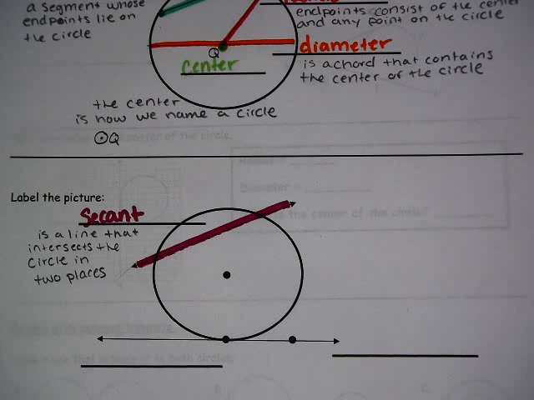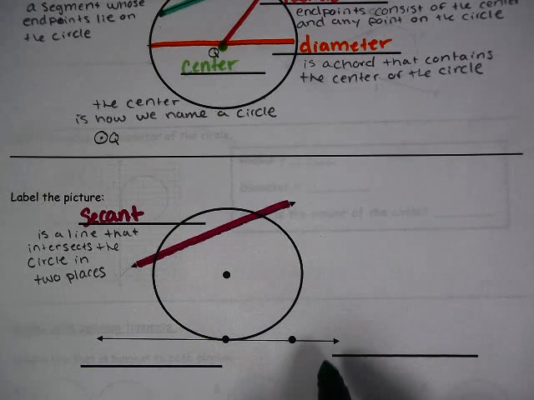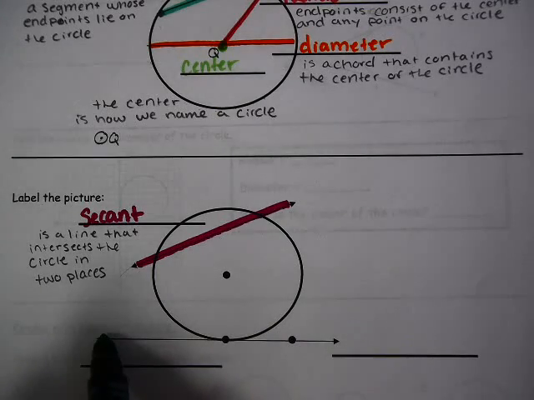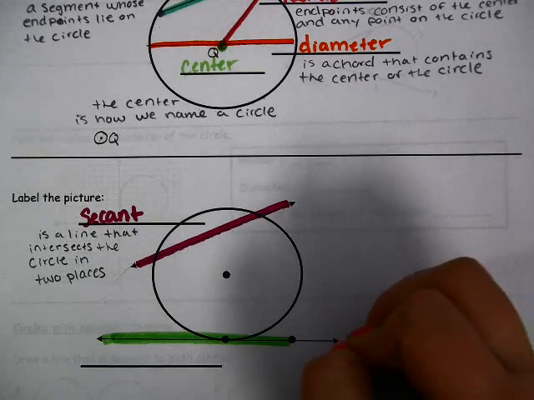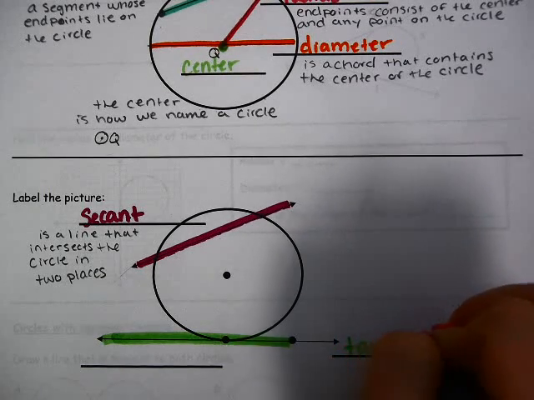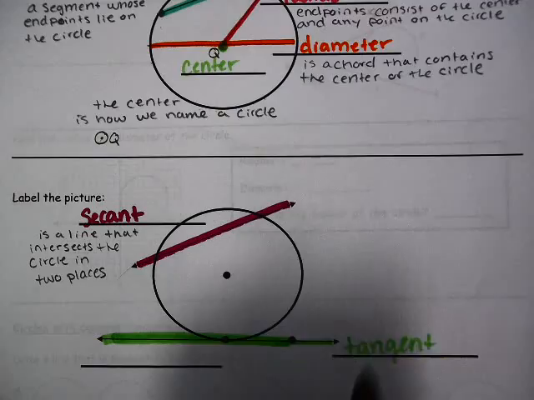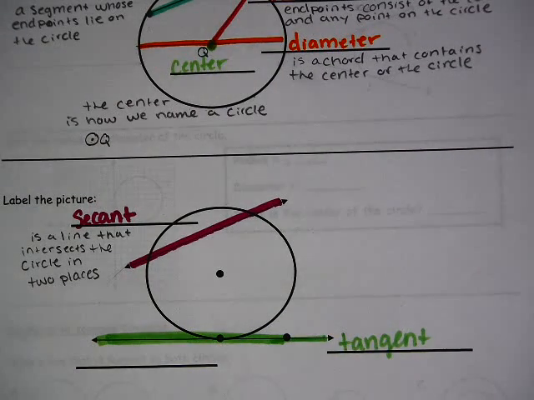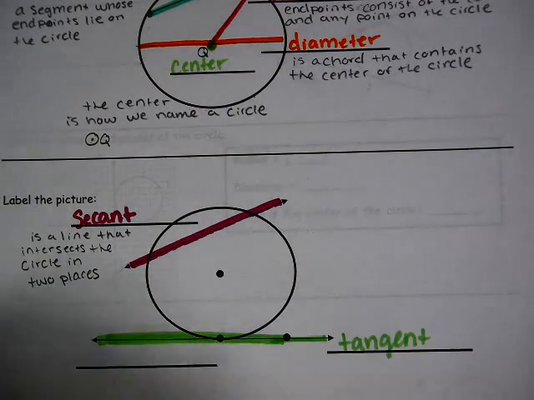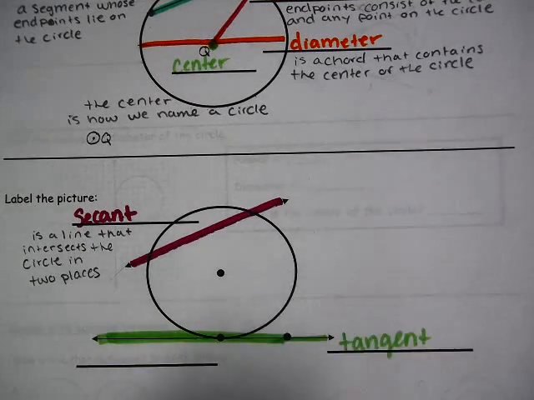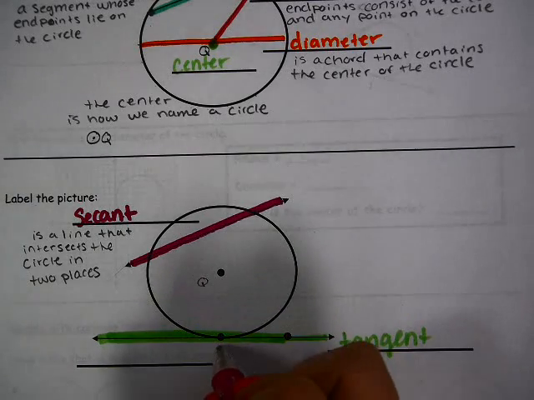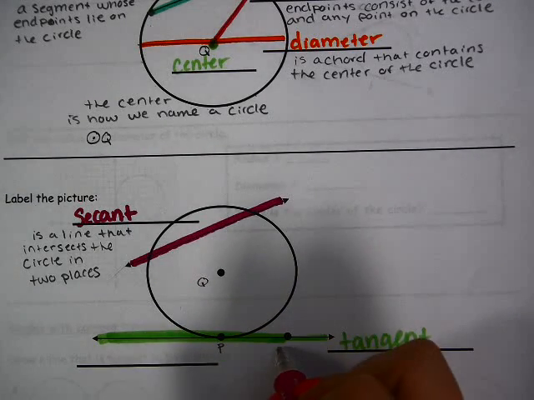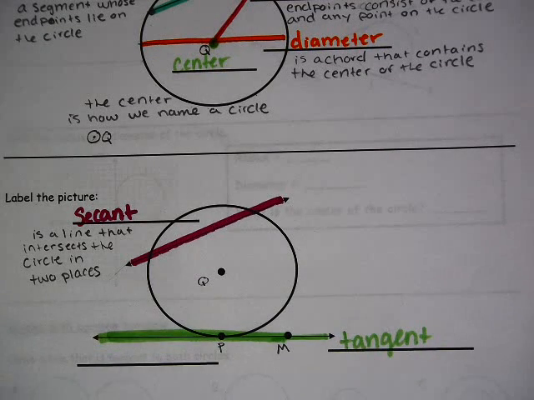All right, and our next line down here is known as a tangent line. Let me take a moment here to name this circle Q. And let's name this point P and this point M. I'll get back to that in a minute.